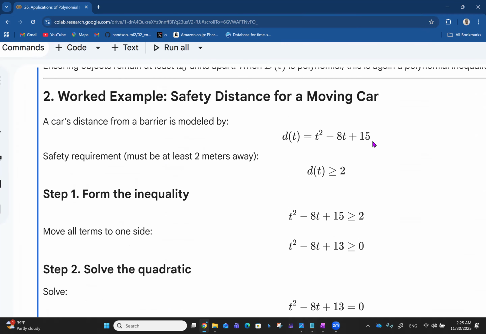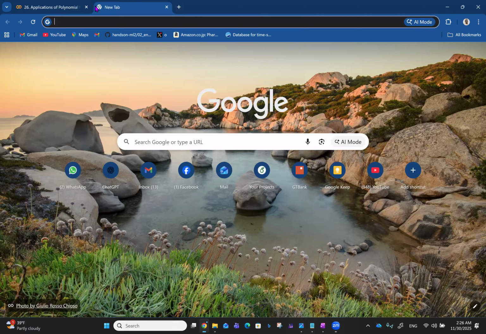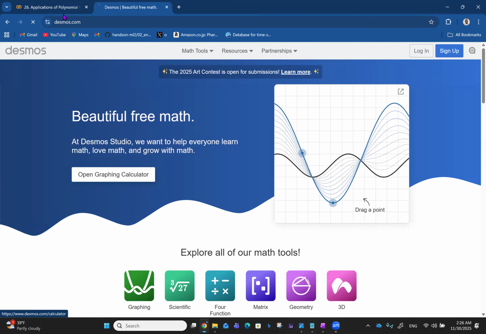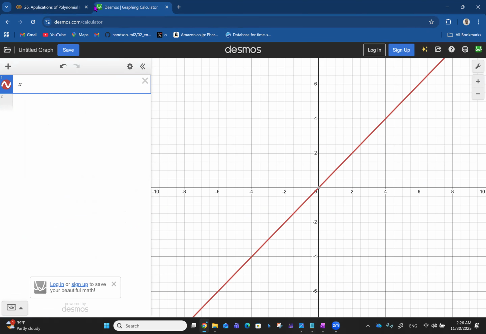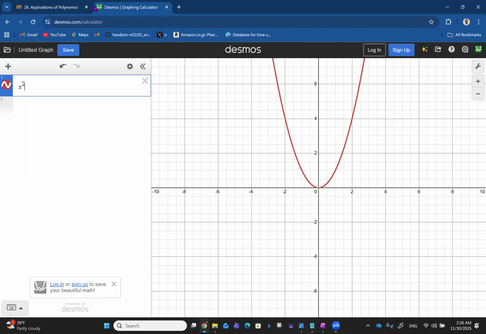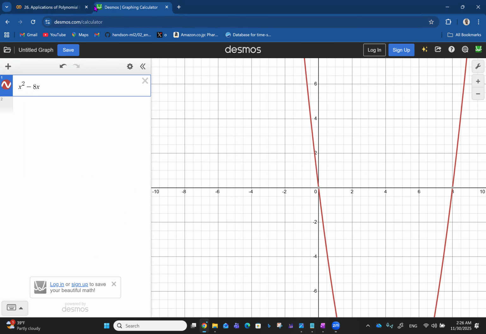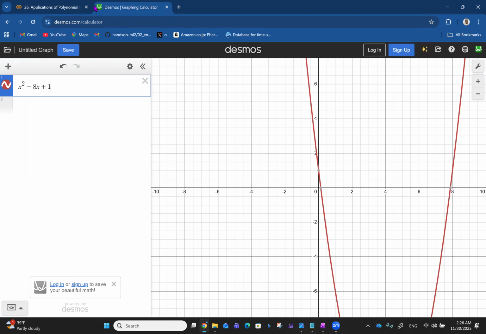t squared minus 8t plus 13. Okay, this is what we are solving now. Let me go for decimals now. So we have to use x squared minus 8x plus 13. I think I can even use t squared.